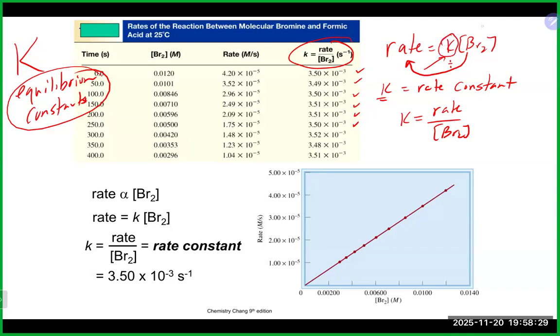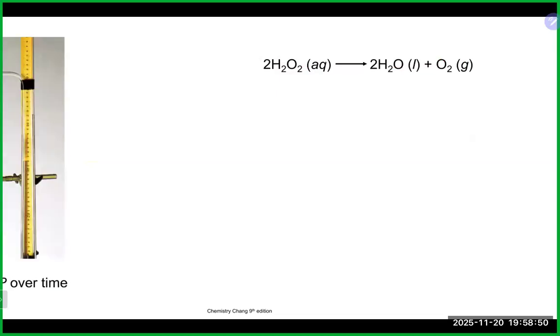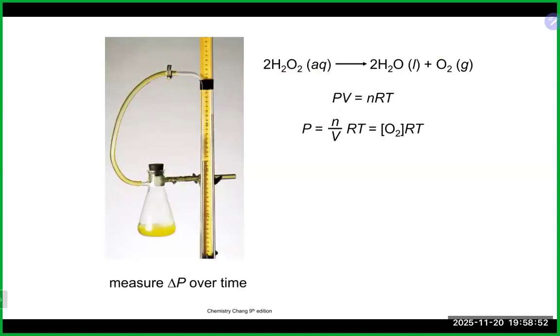Basically, if this number gets larger, so does the rate of that reaction, obviously, because you're going to multiply it. If this number gets smaller, then your rate's going to get a little bit slower as well. So it has a direct relation to how fast or slow a particular reaction may take place. Now, what happens if you have a reaction where there really is maybe no color?